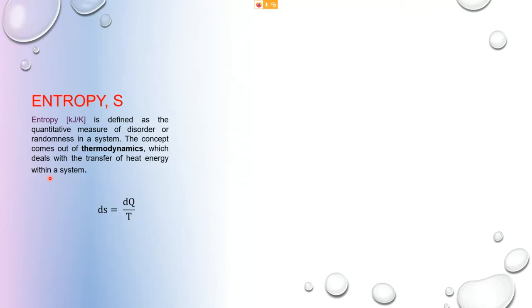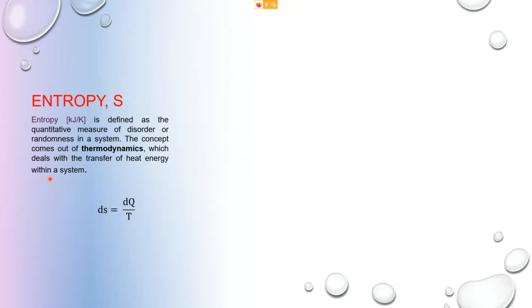So when there is no change in entropy, we usually call the process isentropic. Isentropic refers to constant entropy. Adiabatic refers to a well-insulated system, or a well-lagged system, L-A-G-G-E-D. When a system is lagged perfectly, there will be no heat flow across the boundary.